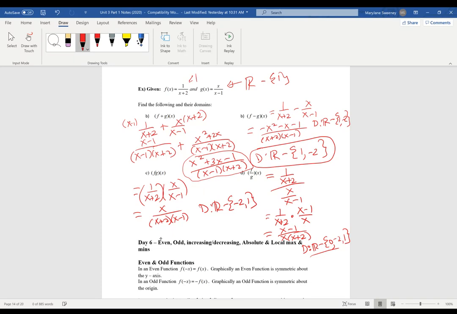This is all reals except for -2. And the final answer in part D also excluded 0. So remember, in the beginning, it said you have to look at both of the originals and the final answer. So anything that has to be excluded in both the originals or the final answer has to be excluded. Okay, that's it for the day 4.